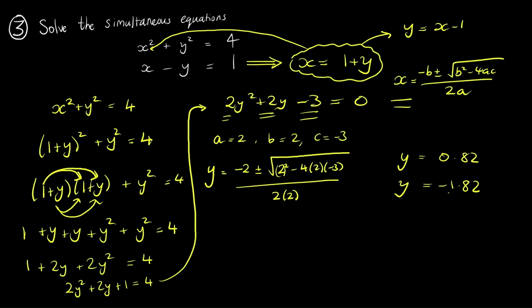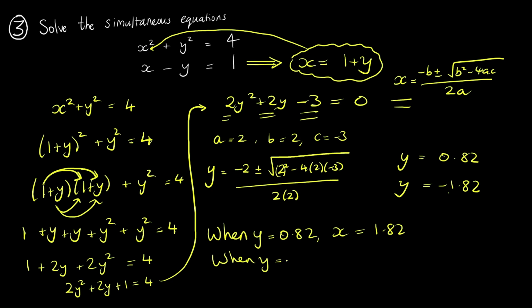Okay. So I need to work out what x is, which is where I add 1 to them. So what I have is, when y is 0.82, I can work out what x is by adding on 1 from this formula. Circle here.